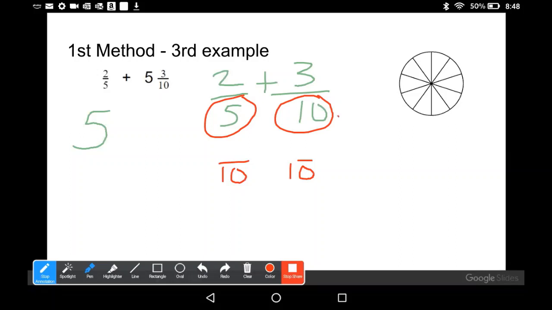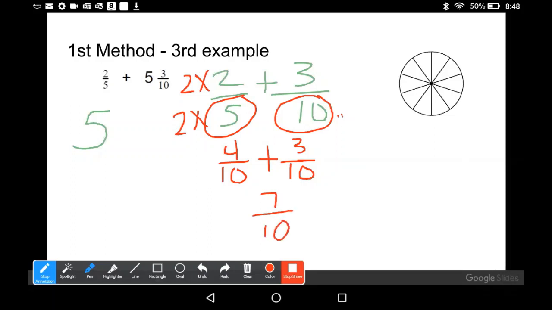The 10's already here, so I just bring that 3 down. I don't need to do anything. Remember, you can multiply by 1. And then I look at the 5. What can I multiply 5 by to get 10? 2. 2 times 5 is 10. If I multiply the denominator by 2, I have to multiply the numerator by 2. So I get 4/10. Add those together, gives me 7/10.